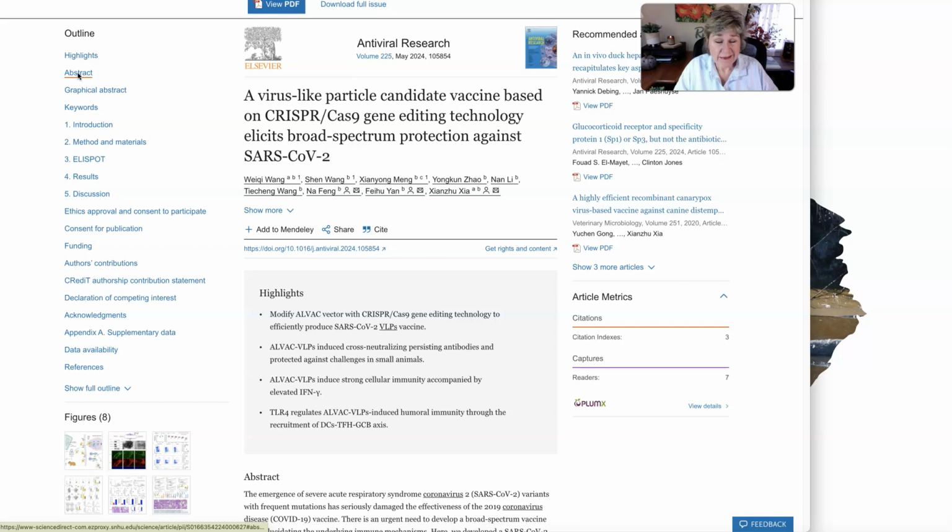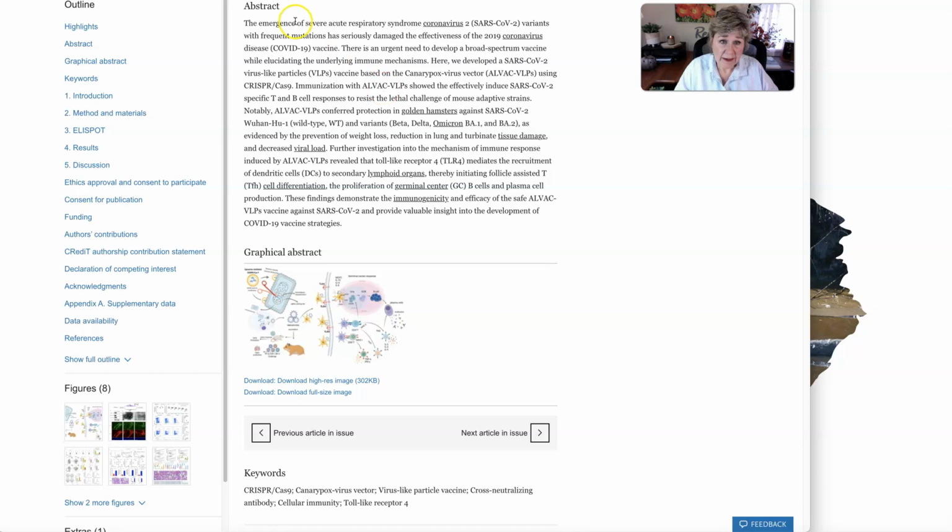But the abstract is the most important section of the whole journal article, and especially for you. So let's hit it. All right, here it is right there, abstract. The emergence of severe acute respiratory syndrome coronavirus 2, SARS-CoV-2, variants with frequent mutations has seriously damaged the effectiveness of the 2019 and 2020 vaccines, right?